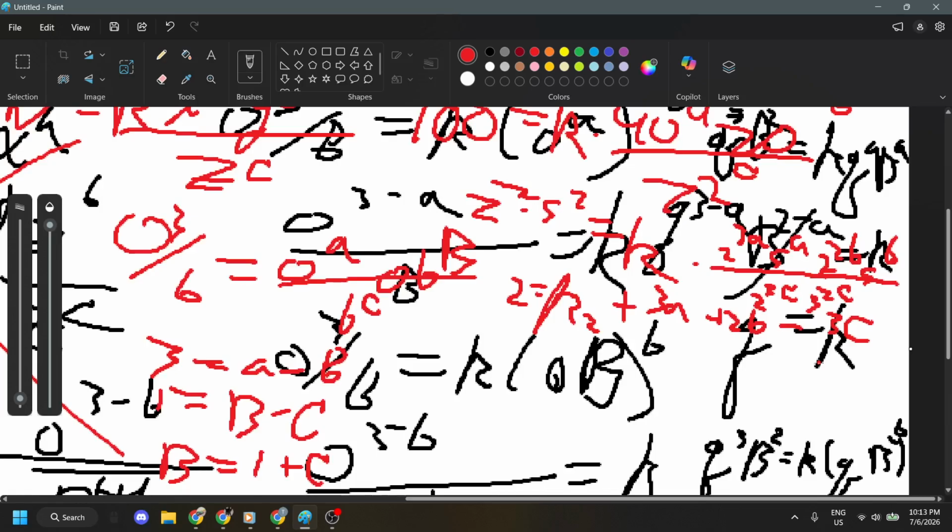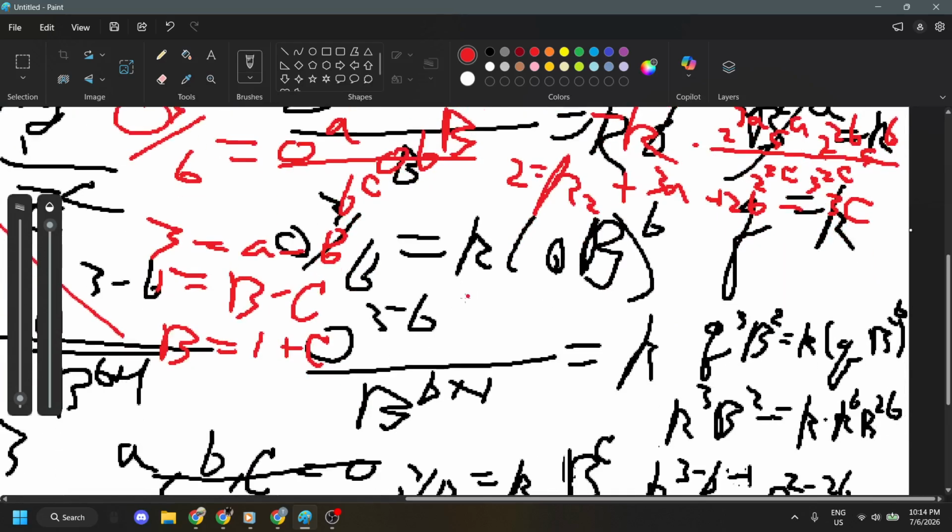Now I bet we can use these equations over here to get the factors of k, the k2. Oh, and then we know k3.